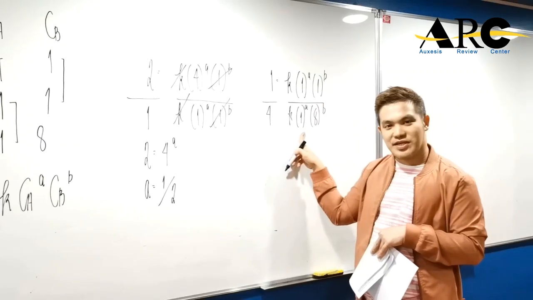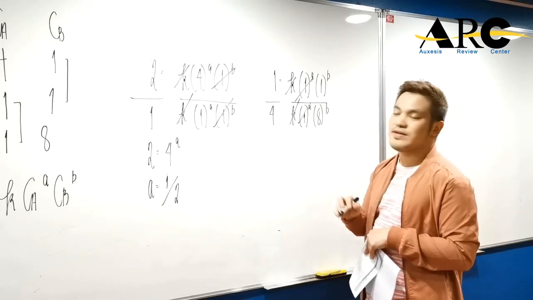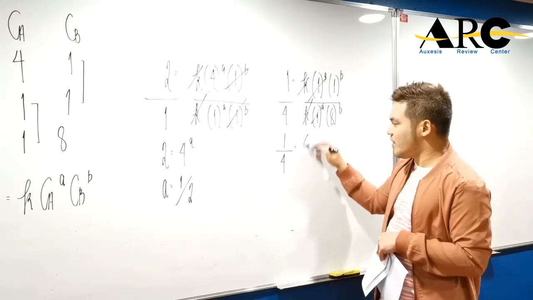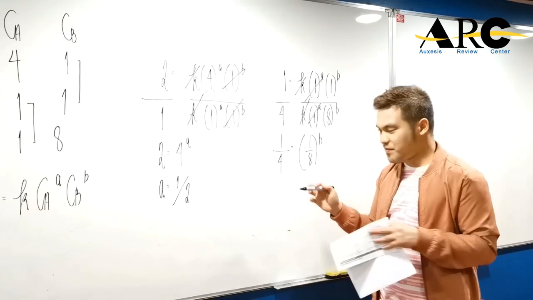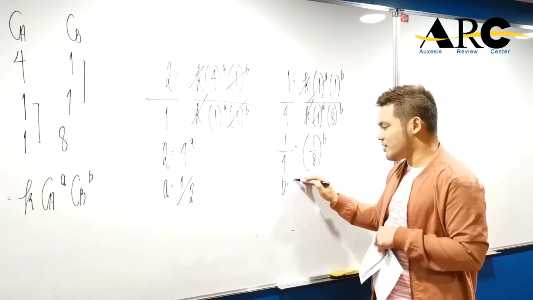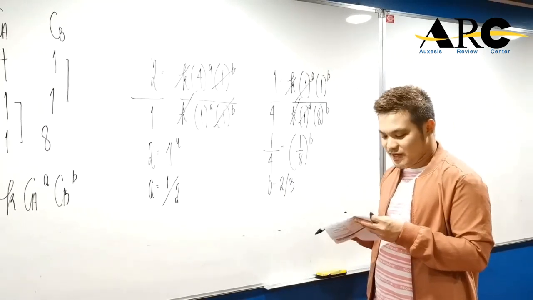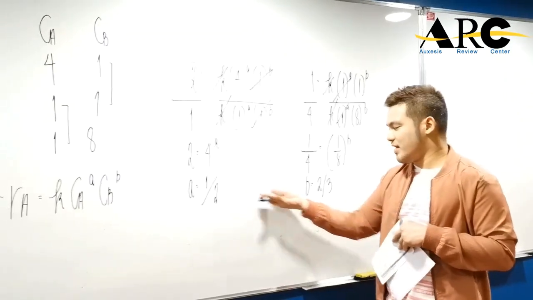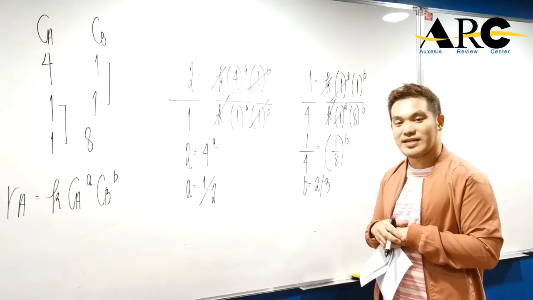So, makikita nyo dito, makakancel yung 1 raised to A, makakancel yung K. So, 1/4 is equal to 1 over 8 raised to B. So, compute natin. Ang value ng B is 2/3. So, ibig sabihin, ang answer is letter A. So, 1/2 and 2/3.